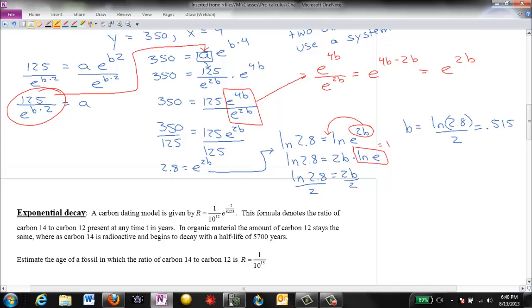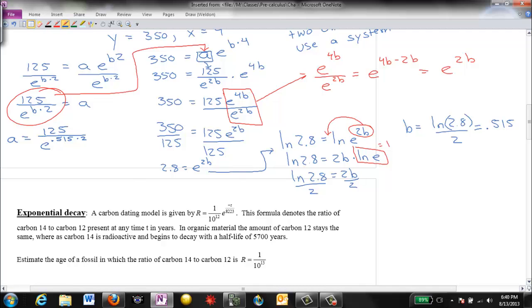Okay, so I'm just going to say a equals 125 over e raised to the 0.515 times 2.